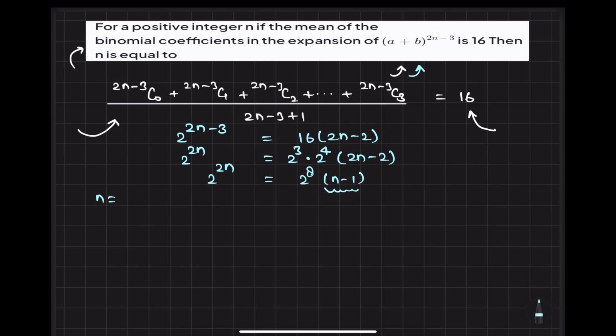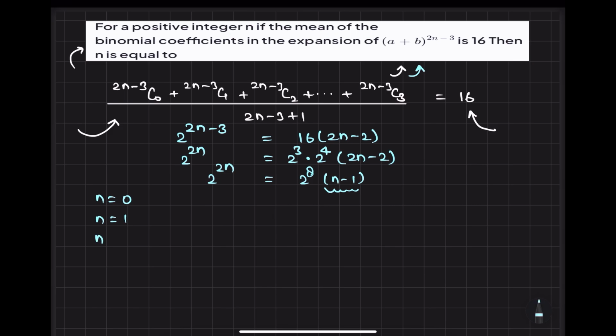So suppose that n is 0. So if n is 0, LHS will become 1 and RHS will become 2 power minus 8. So it is wrong. Suppose that n is 1. So LHS is 2 but RHS is 0. So it is not satisfying. This means it is wrong.